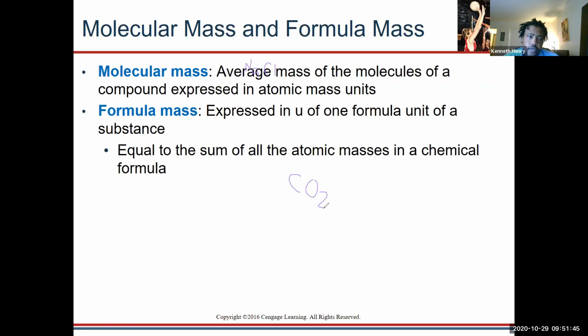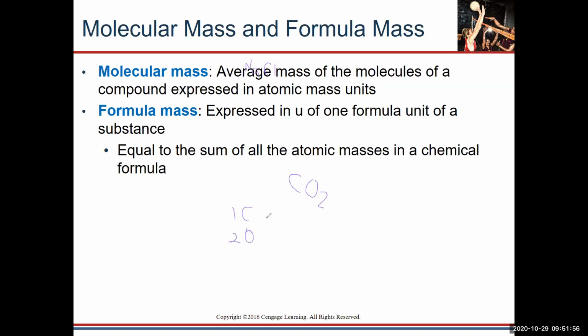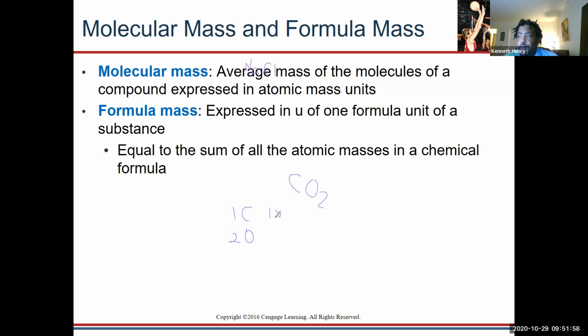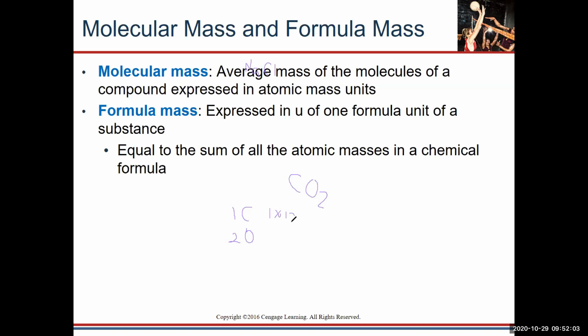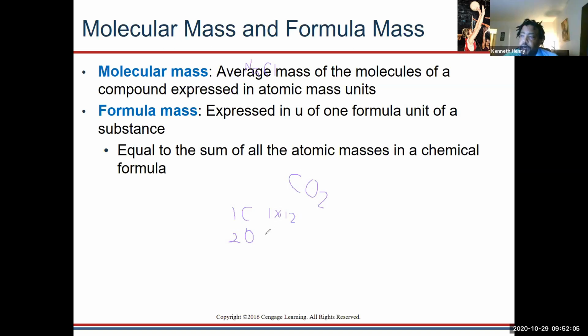CO2 is how many carbons? 1 carbon. How many oxygens? 2 oxygens. So carbon weighs 12, and oxygen weighs 16. 12 times 1, 2 times 16.